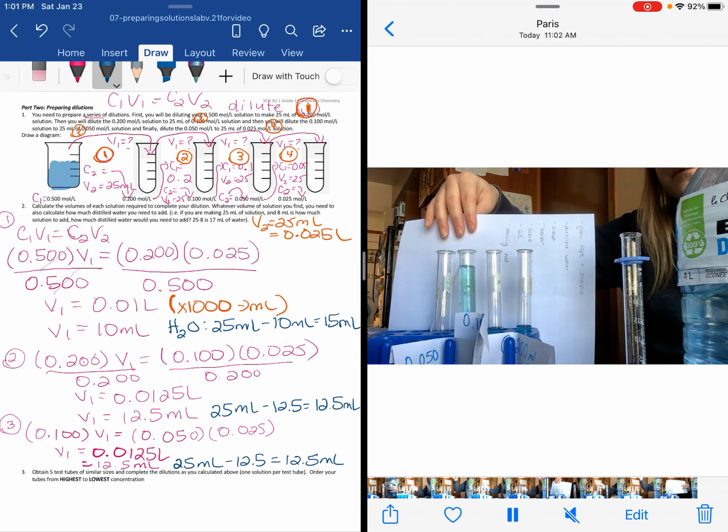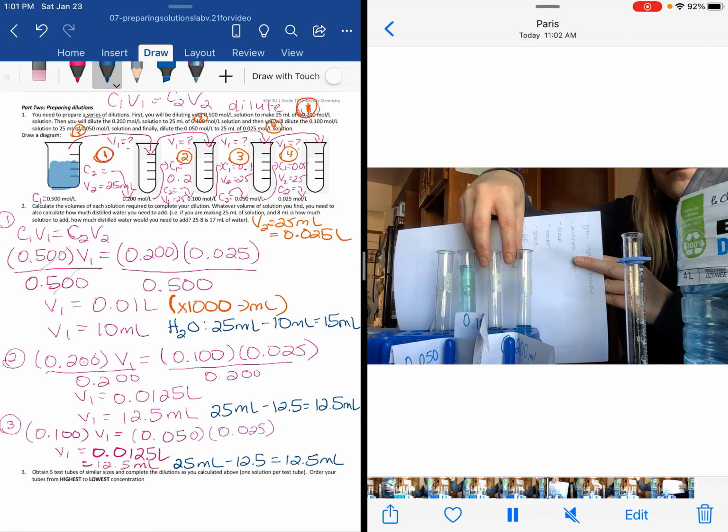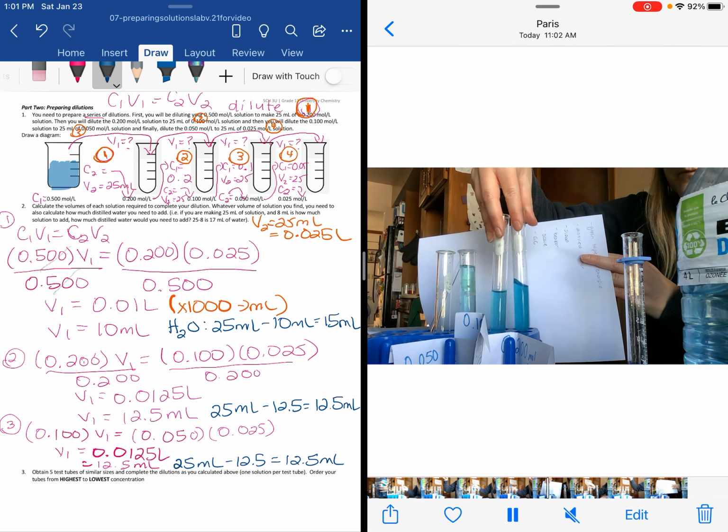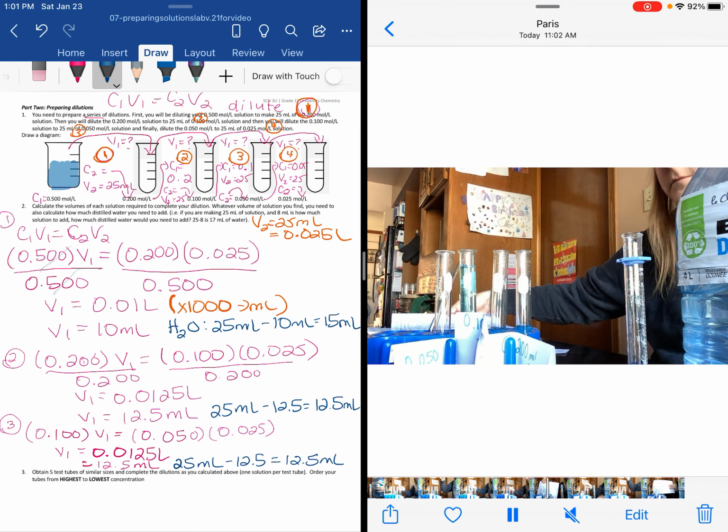And show you now, you can really start to see that the tubes are becoming less blue.